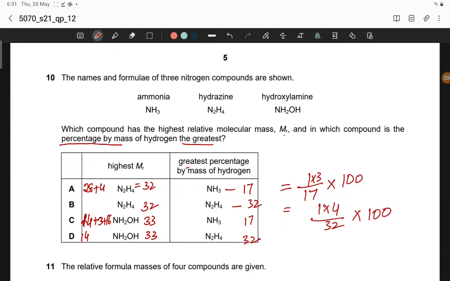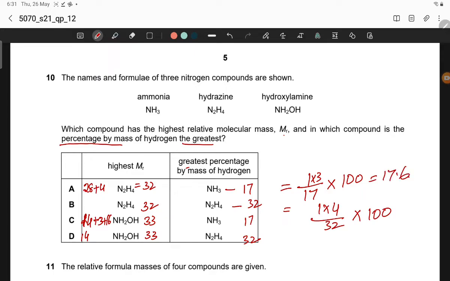Let's calculate. 3 divided by 17 into 100 is 17.6.